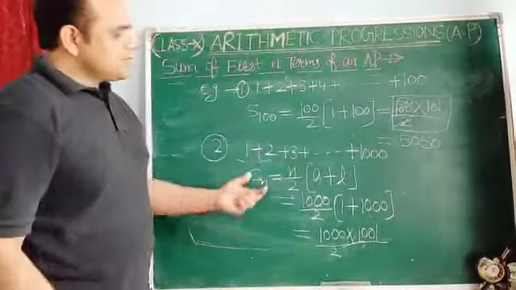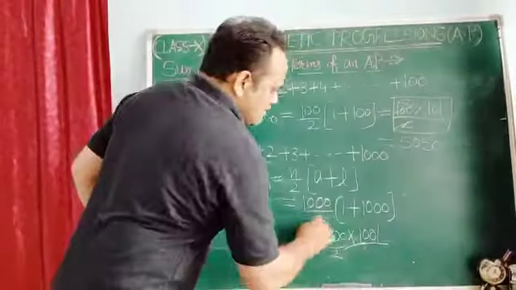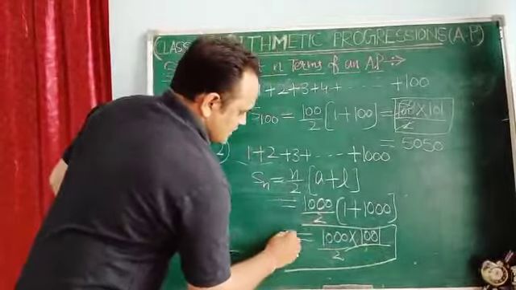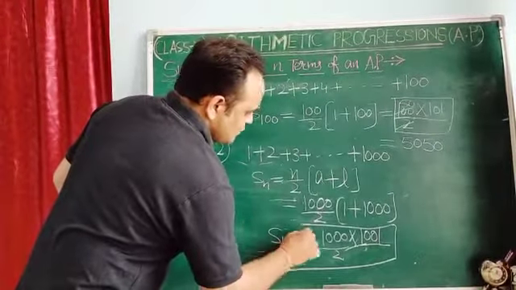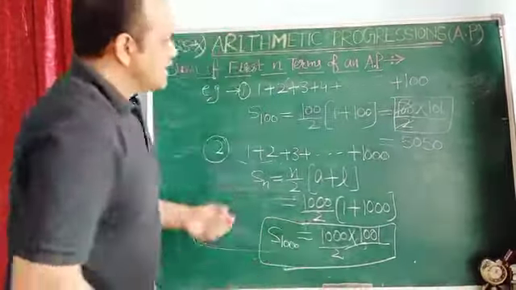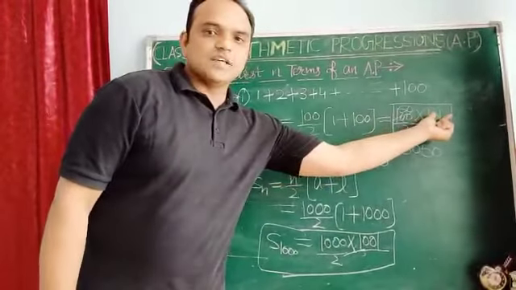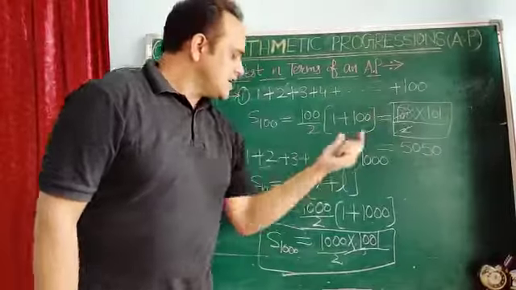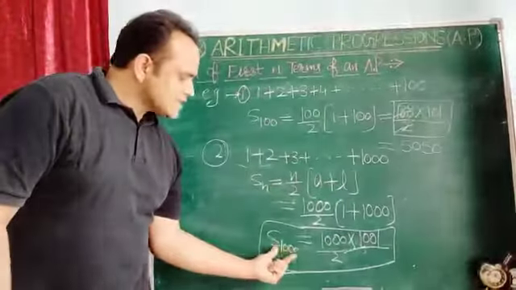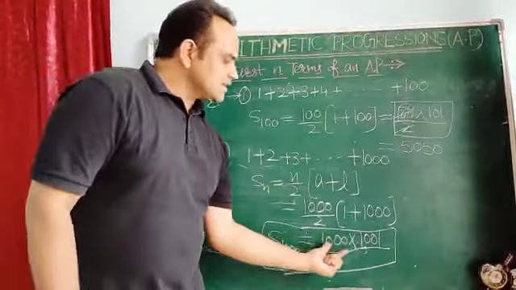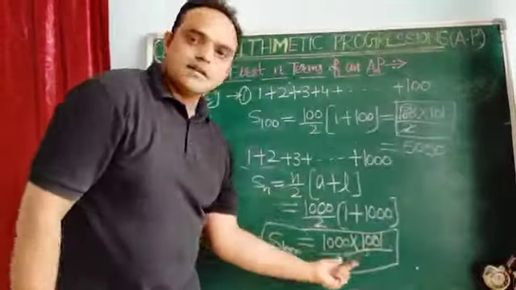1001. So if you generalize these two terms, if I am finding the sum of 100 terms, it is coming 100 into (100 plus 1). If I am calculating the sum of first 1000 terms, it is coming 1000 into 1001 upon 2.